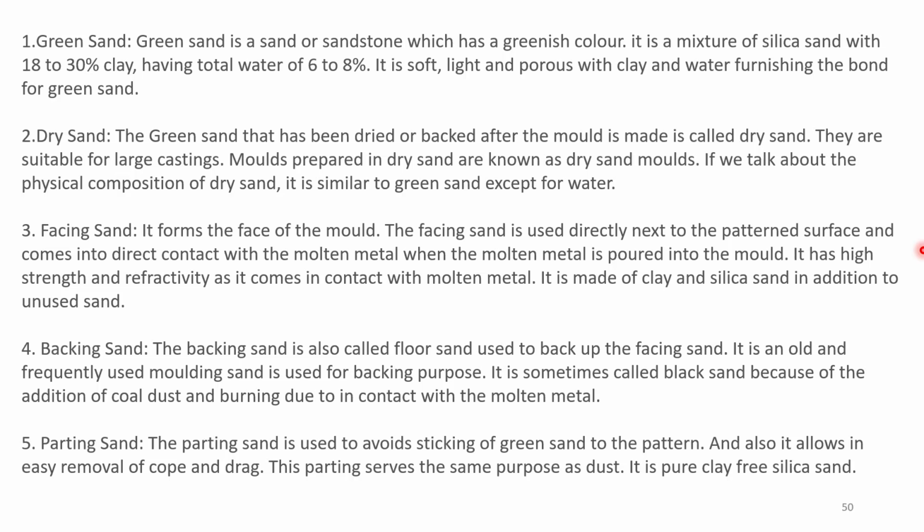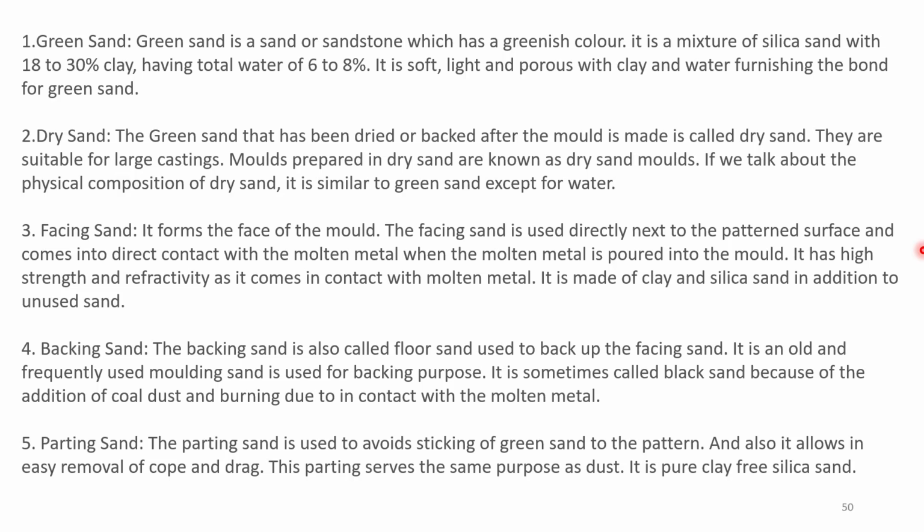If we talk about the physical composition of dry sand, it is similar to green sand except for water. Only the moisture has vaporized; it has evaporated after it comes in contact with the hot metal.